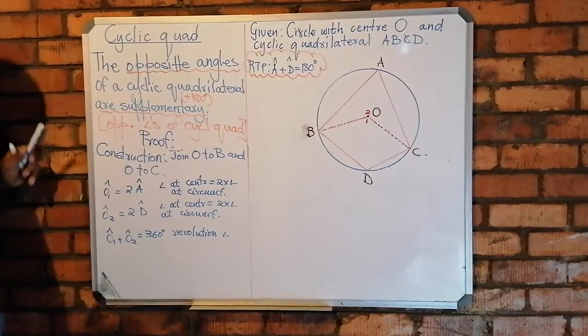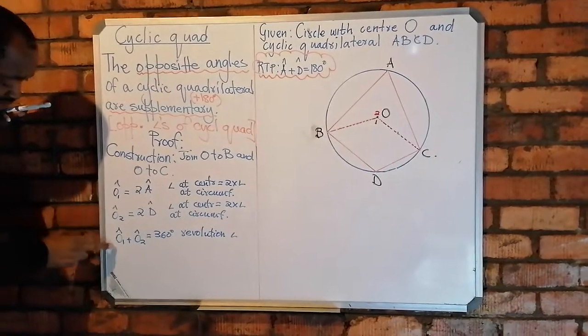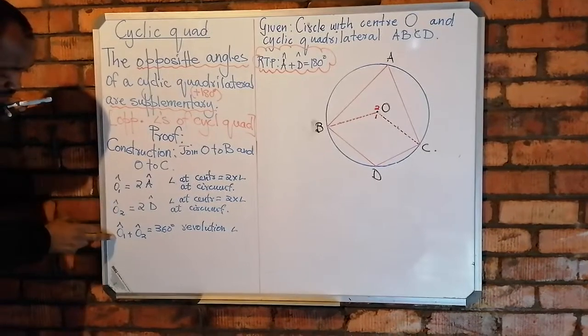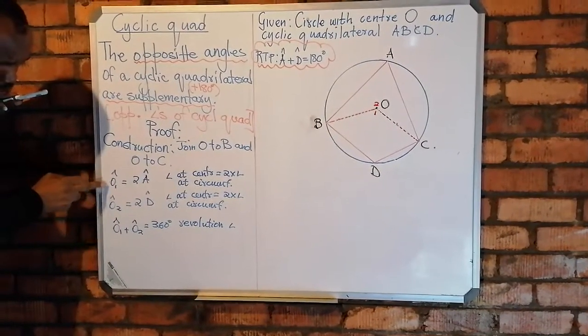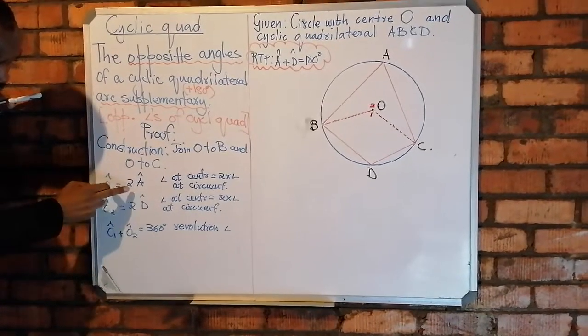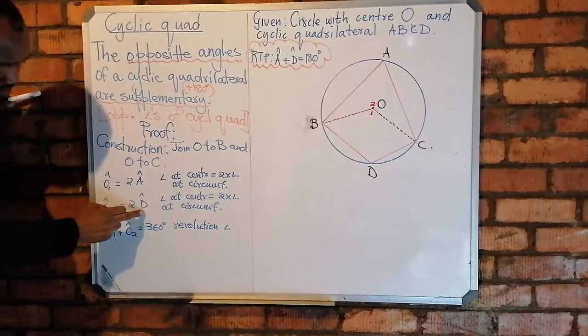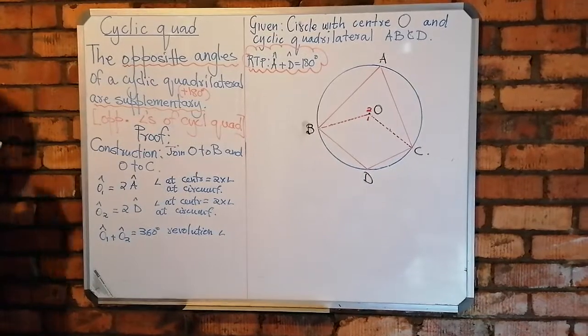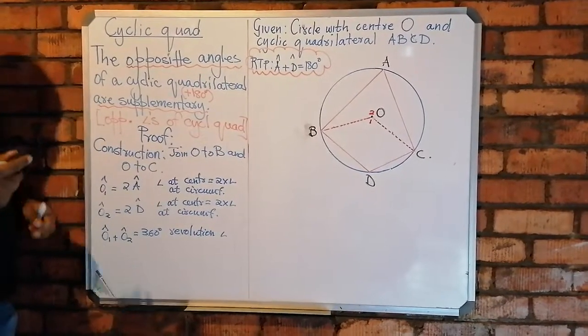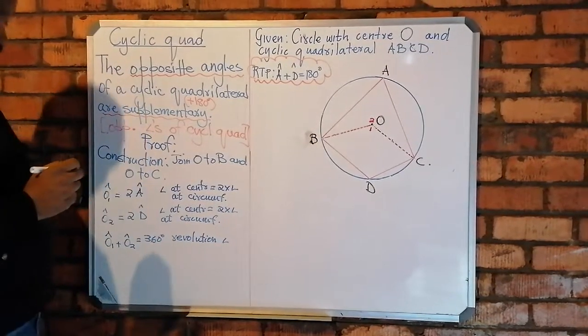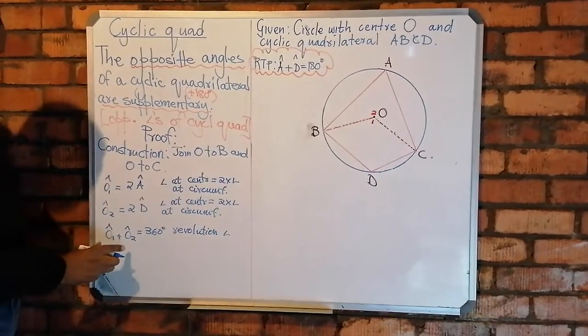Okay, look at the 3 statements now. Beautiful statements. I've got angle O1, I've got angle O2. I've got angle A, I've got angle D. What am I going to do now? I'm going to put them together with my mathematical super glue.